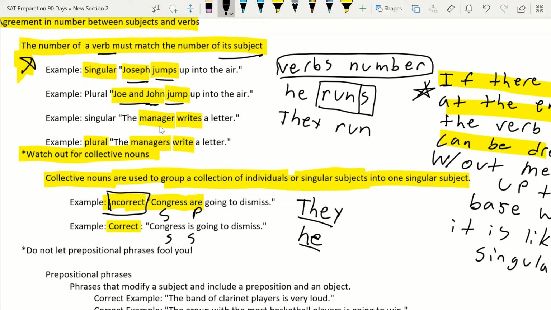Think, if I was going to say "they" and then "going to dismiss," what verb would I put in between? We would say "they are going to dismiss." So that tells me that "are" is a plural verb. Now if I say "he" and then "going to dismiss," I would say "he is going to dismiss." That's singular. So we want to make sure that we're paying attention to our verbs and our subjects, making sure that they are matching in number.